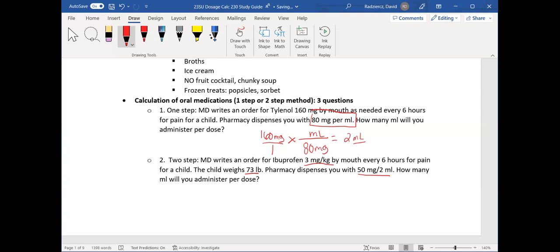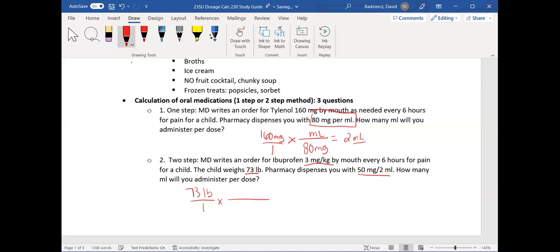I know some of the other campuses, and I can't remember if it's Boyce or not, you have to kind of do all your steps in one kind of arrangement, which you can do. I usually like to chunk it, meaning I like to start off with the patient's weight, 73 pounds, and then convert that right away to kilograms.